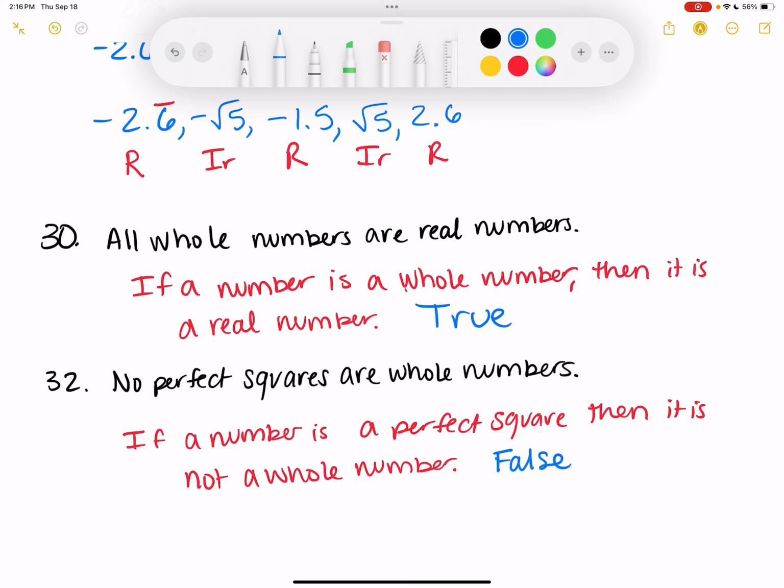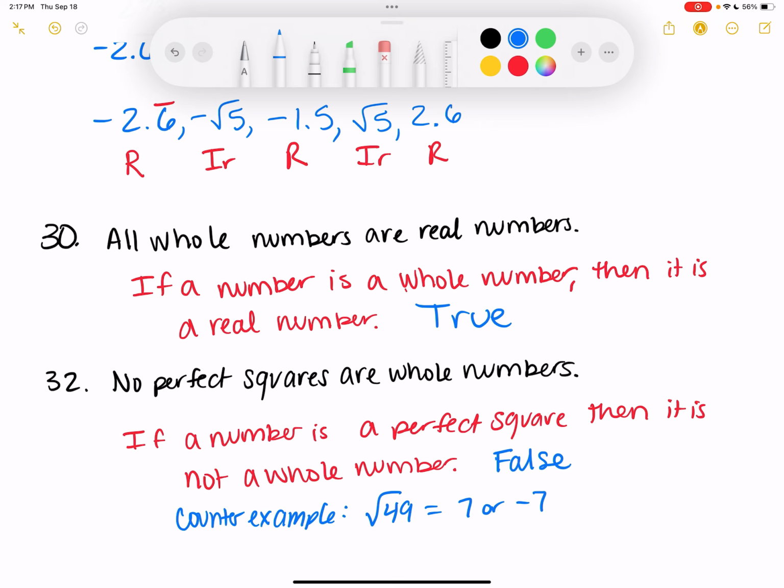So a counterexample to this would be, as in 40, the square root of 49. The square root of 49 is equal to 7 or negative 7.